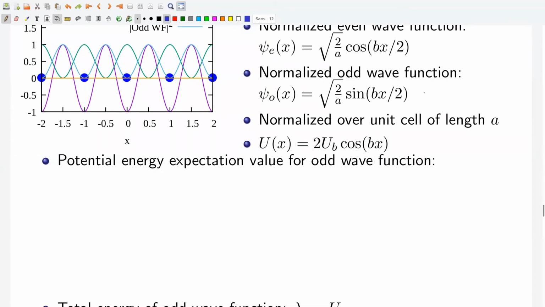Similarly, potential energy expectation value can be calculated for the odd wave function. This is given by integral 0 to a dx u of x mod psi odd square.